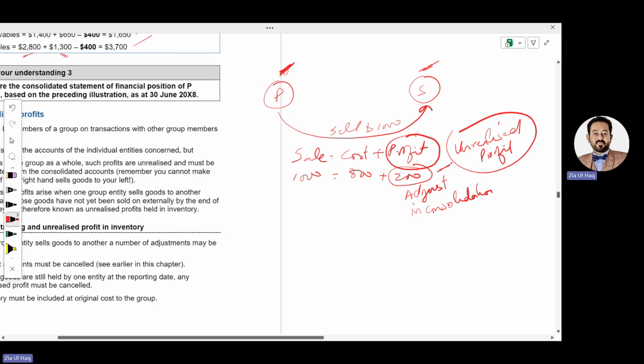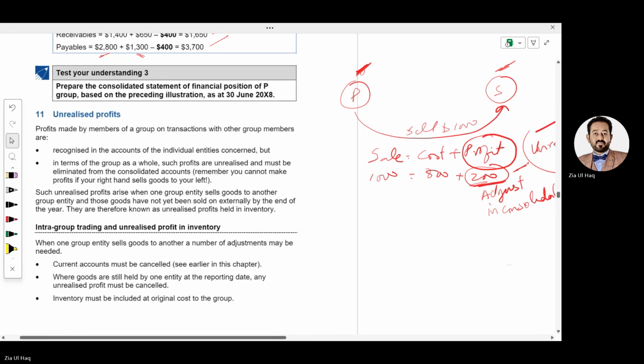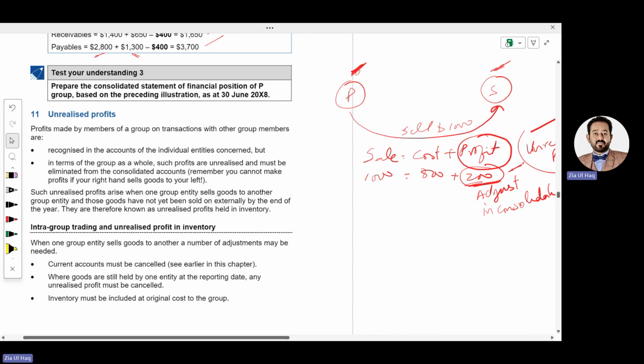So we need to eliminate this profit from the group. How can we eliminate this profit from the group? Debit retained earnings, credit inventory, because this profit is included in the inventory, because S has purchased the inventory. So they recorded the purchases as inventory in the balance sheet. Inventory is an asset. We need to deduct that profit part from the inventory, so we will credit the inventory by 200.